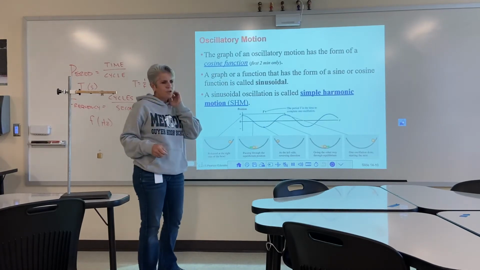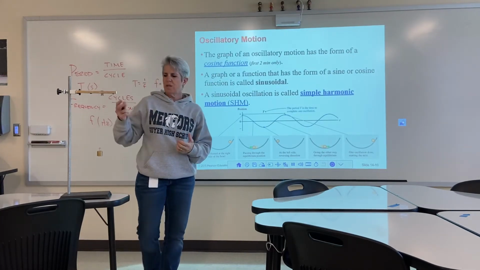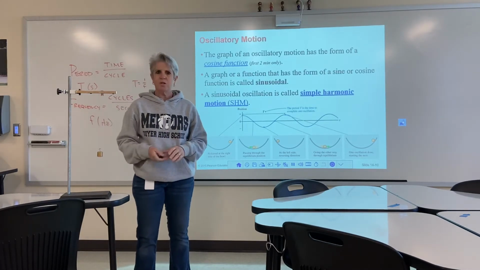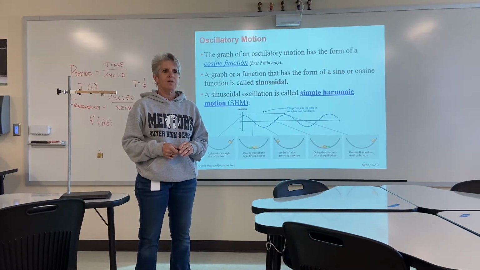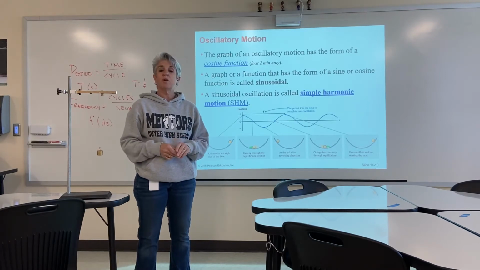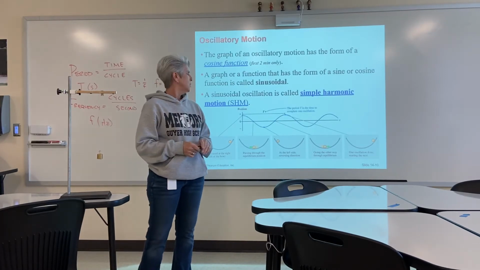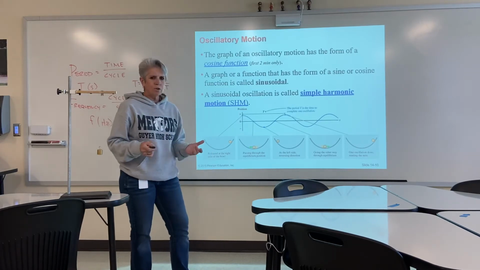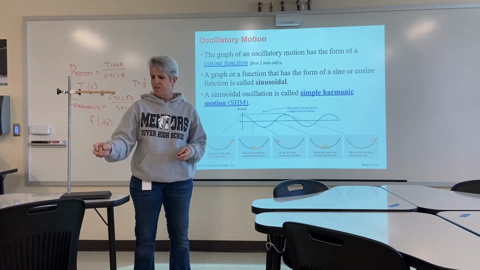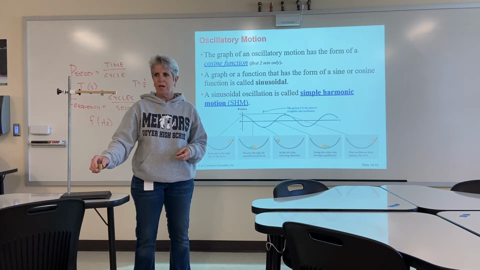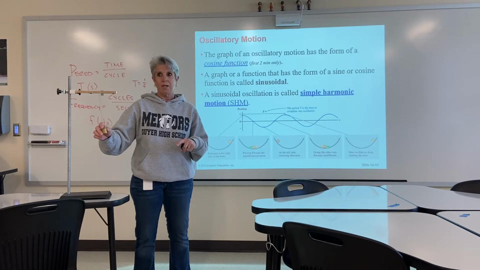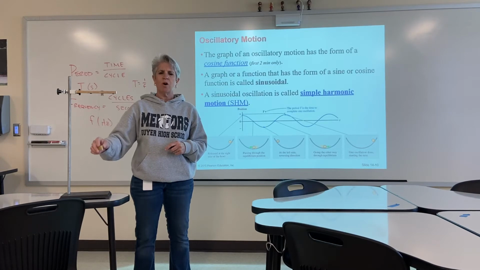I want to talk a little bit about how something that exhibits this oscillating behavior has a classification of motion called simple harmonic motion. What would it look like? If you plotted a graph of displacement and time for something oscillating up and down, you would see that it moves to a maximum distance away, then is at equilibrium, then is the same distance away on the other side, a minimum distance, and then back to equilibrium, and it continues to oscillate back and forth.